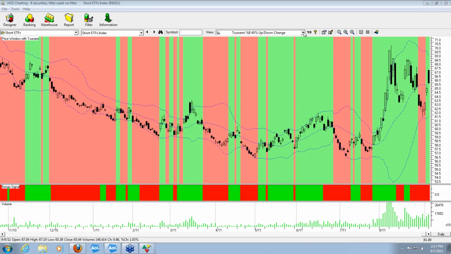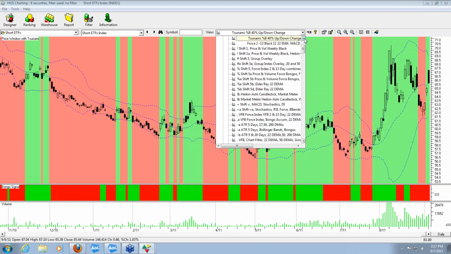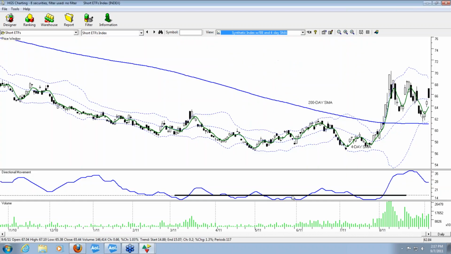Let's change the view. So, Steve, were you talking about this black line here, or this dashed line at 15? Yeah, the black line.